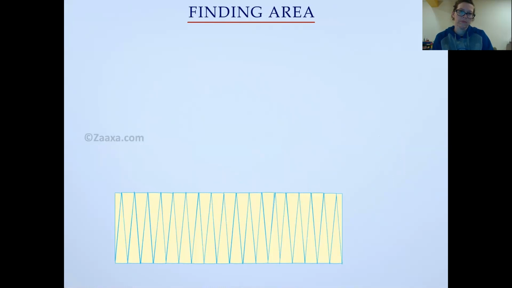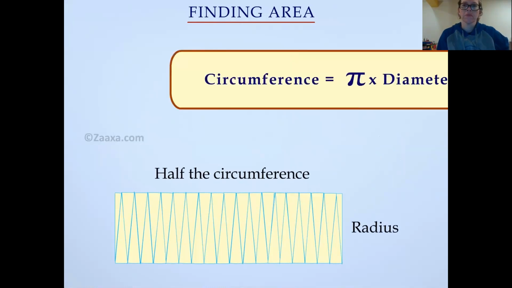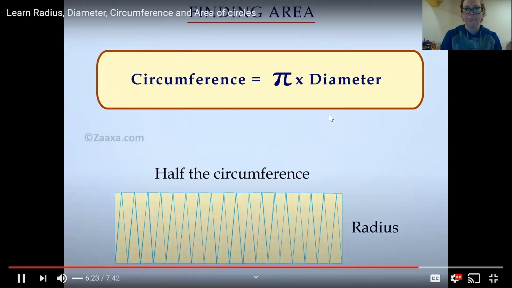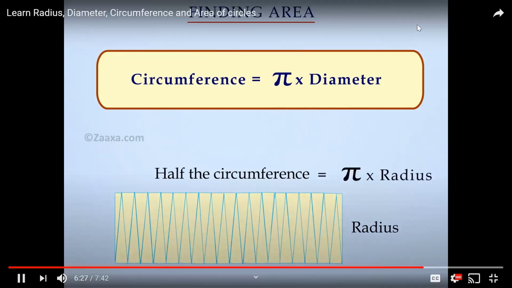The length of this rectangle is equal to half the circumference of the circle, while its breadth is equal to the radius of the circle. You already know that the circumference of a circle is pi times diameter. So we can say that half the circumference is pi times radius.